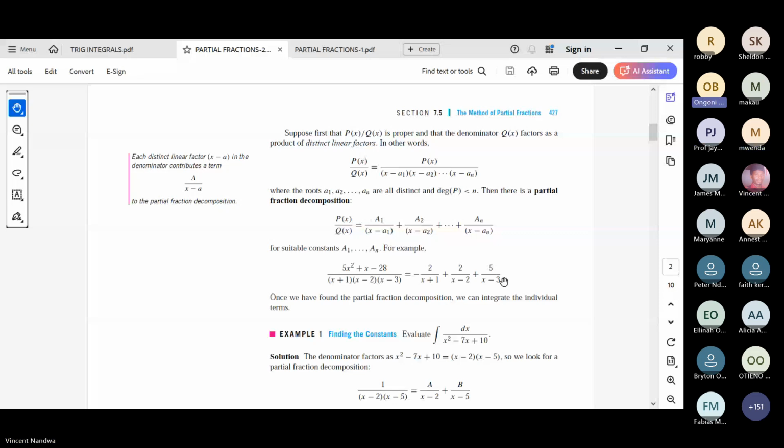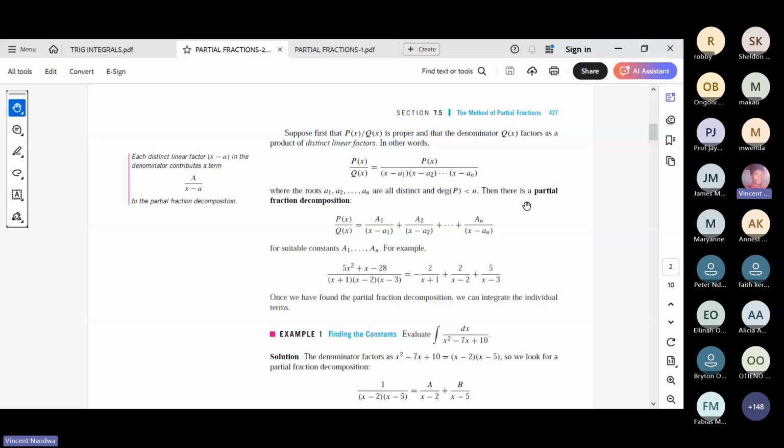And then the second part, what will be the value of the integral of 2 over x minus 2? Apply the same process. 2 ln of x minus 2.